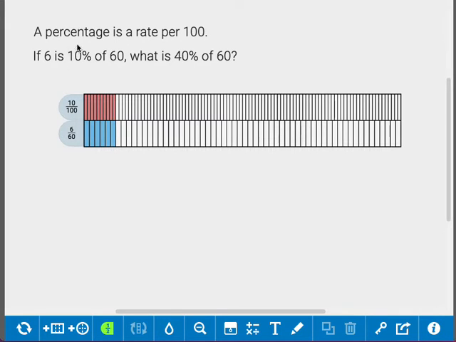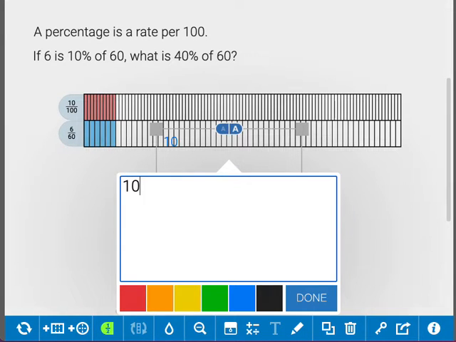All right, let's use 10% to find a multiple of 10%. So we know 10% and we want to find 40%. We know that 10% of 60 is 6. So 10 out of 100 is equivalent to 6 out of 60 parts. So what's 40%? Well, I know that 10% is 6, and I want 40%.